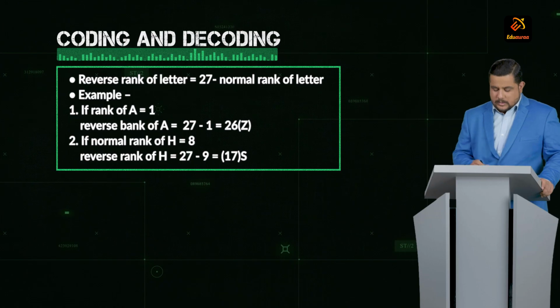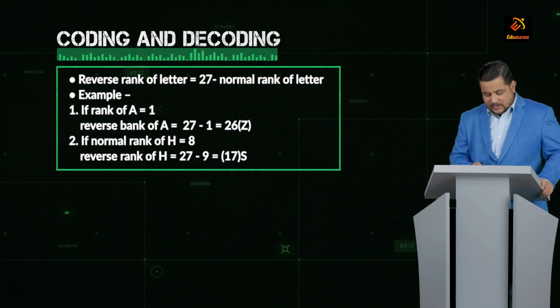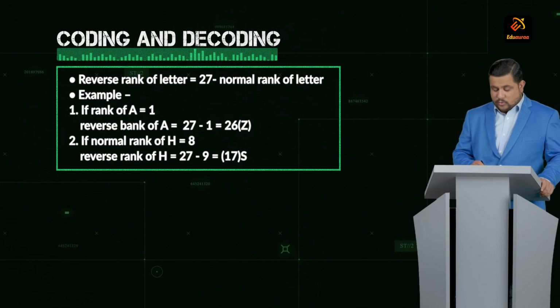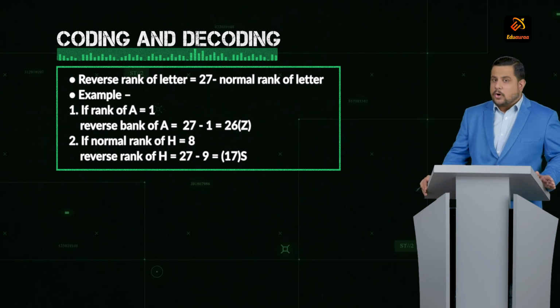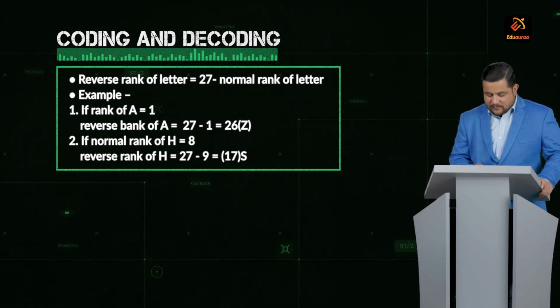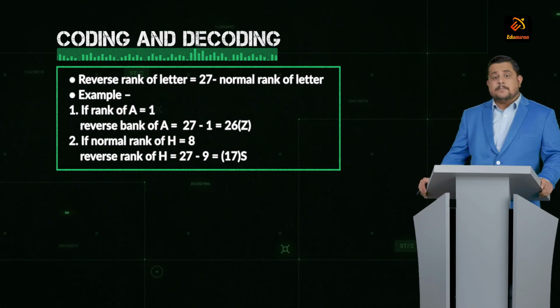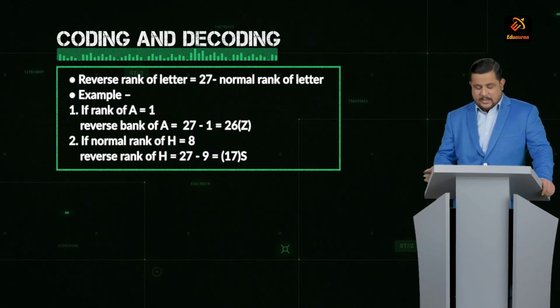In a similar way, suppose H. The normal ranking of H is what? 8. As I told you, you can see 8 in H by covering the upper and bottom part. So we can easily see the 8.